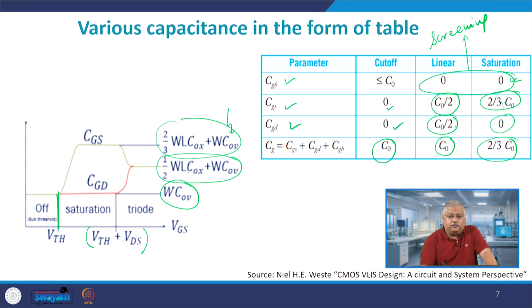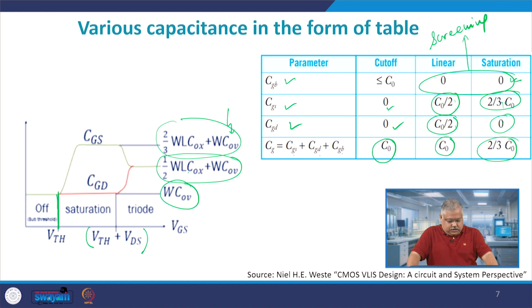If you take your oxide capacitance to be low or high, I will be able to maintain a good value of CGS and CGD. Similarly, another parameter is the overlap capacitance, which comes because of XD, or the overlap distance which you see in front of you. This overlap is primarily because of lithographic step problems, and you will have some overlap regions coming into the picture.